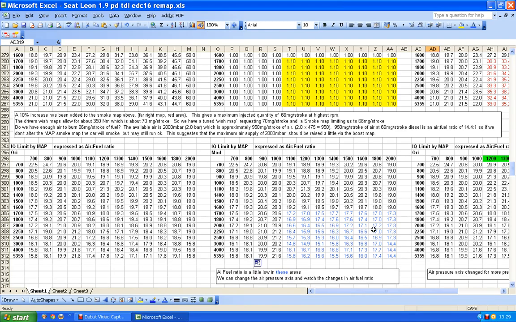Now, in a lot of these areas, the drop is not that significant, and these figures are not too bad, but you can see that you'd be pushing your luck really with these figures here, where they're dropping down below 15.